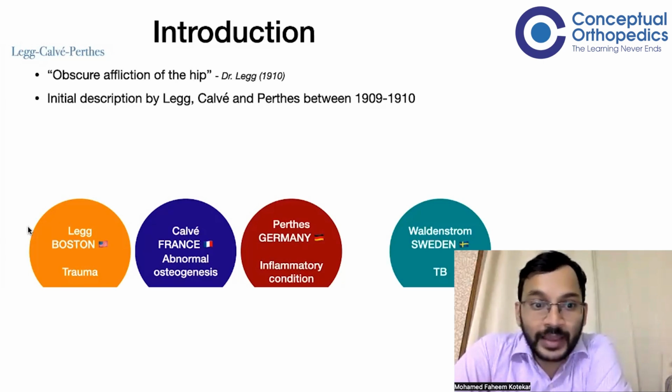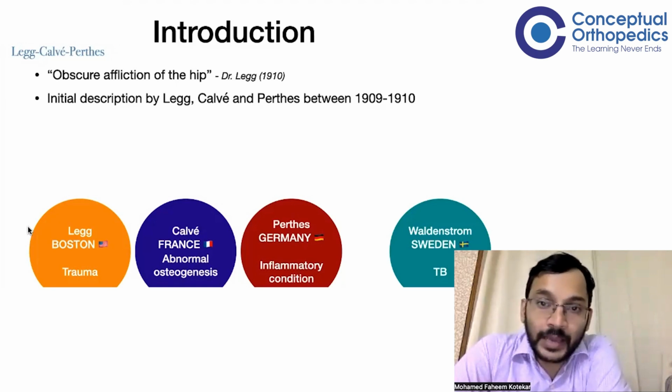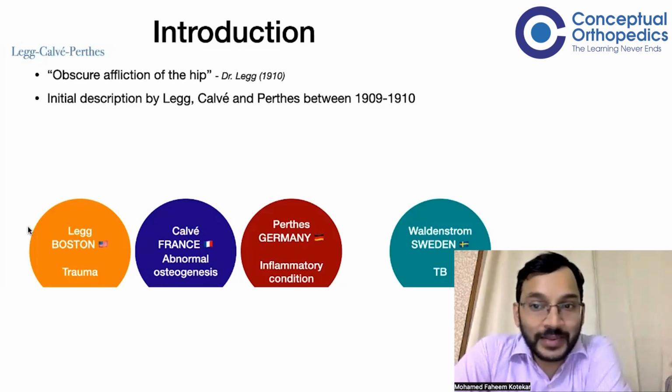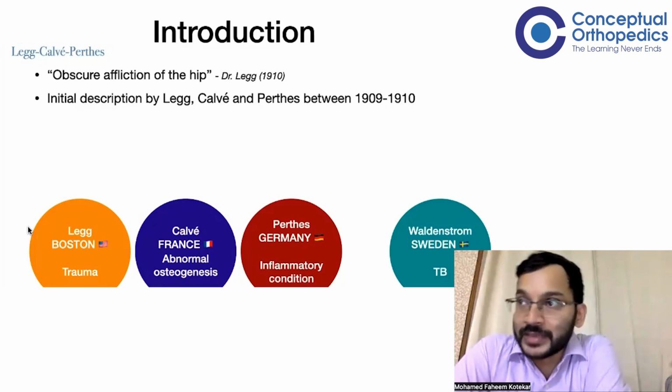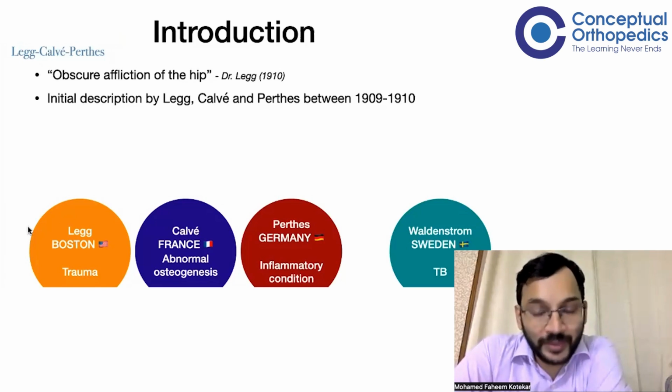That is by Dr. Legg in Boston, USA, by Calvé in France, and by Perthes in Germany. And this is back in the day when we did not have WhatsApp or Telegram, and all 3 of them to have done it at the same time makes it logical that the disease is named after all 3 of them.